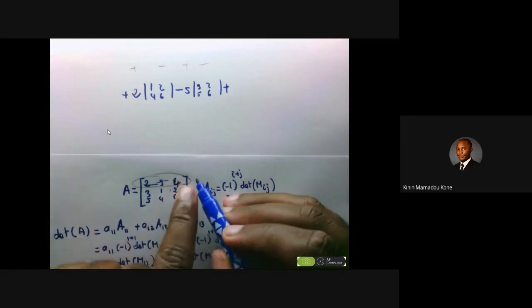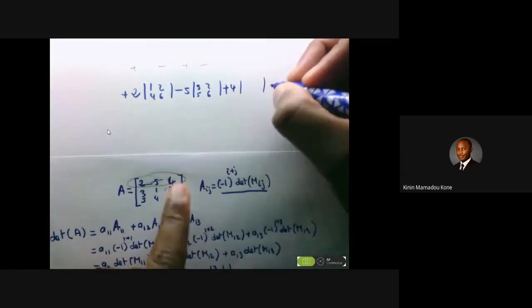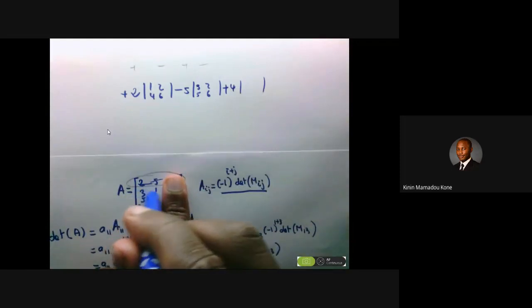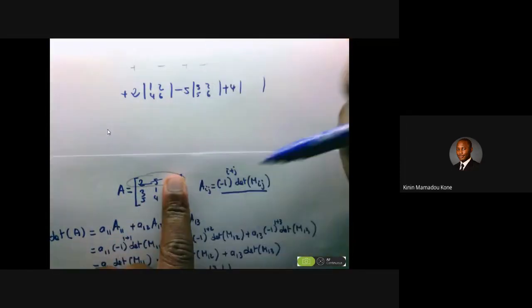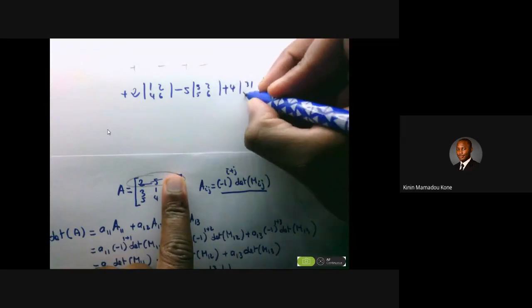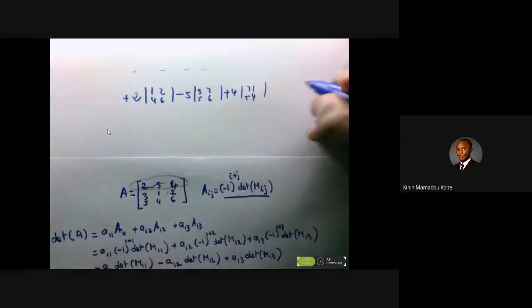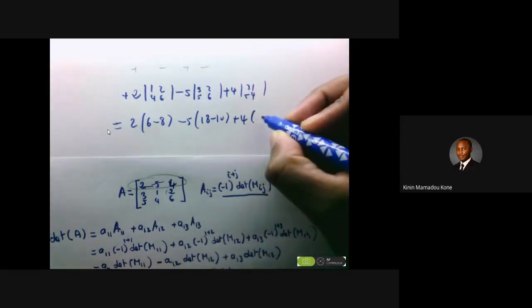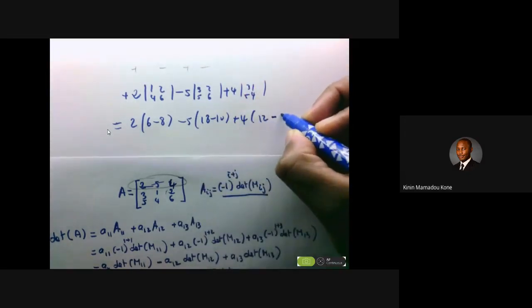So the next one is plus. You don't think too much. You look at 4 here, you take the 4, and then you eliminate everything else. You take that matrix here, take the determinant of that. So that's going to be 3, 1, 5, 4. And then you do 6 minus 8, 18 minus 10, 12 minus 5.